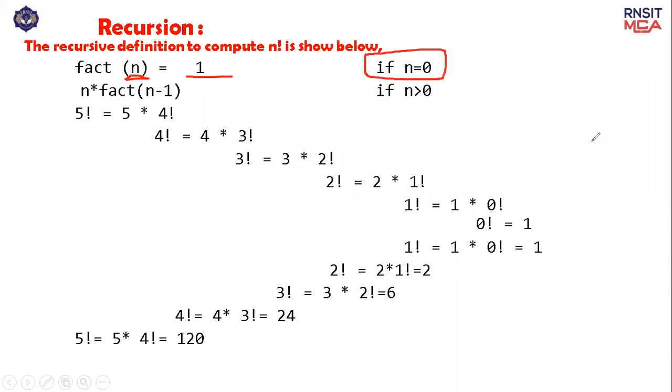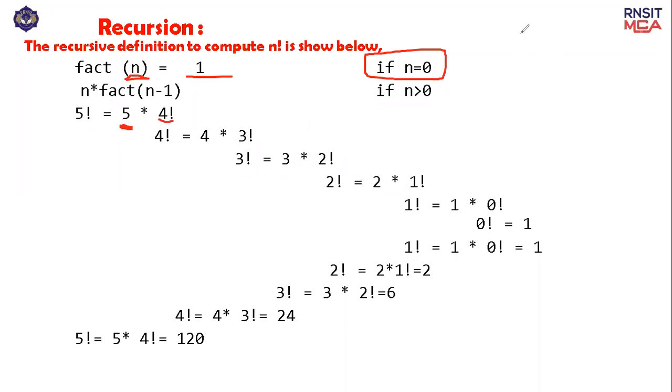If it is more than 0, then it is the number times the factorial of the previous value. 5 factorial is nothing but 5 into 4 factorial, so it is recursively calling. 5 factorial is calling another factorial with 4, and 4 factorial is calling 3 factorial. Again, it is recursively calling.